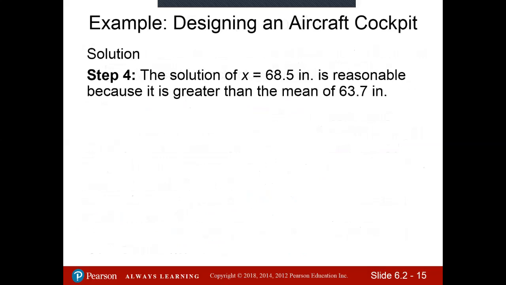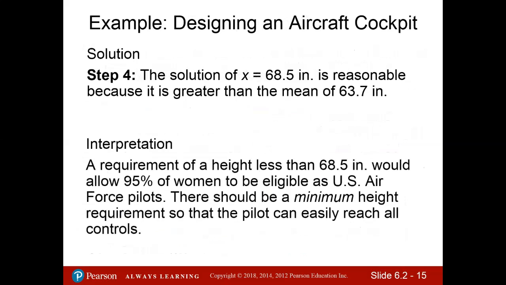So step 4 says that the solution x is reasonable because it is greater than the mean of 63.7 inches, and it allows more women to be Air Force pilots. So what's the interpretation? The requirement of a height less than this will allow 95% of the women to be eligible.